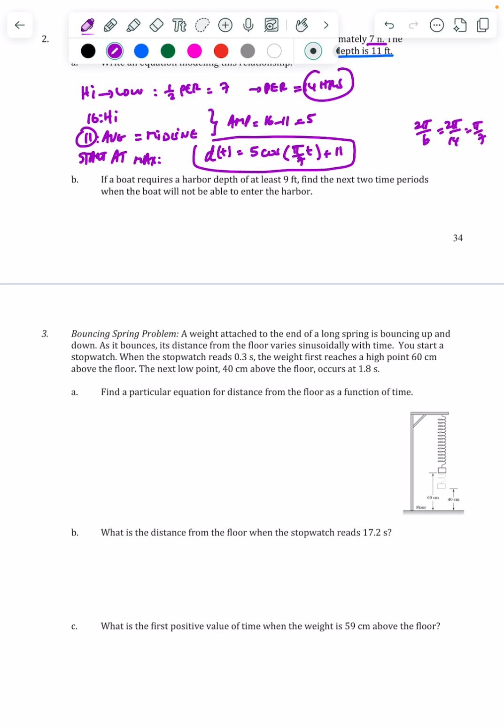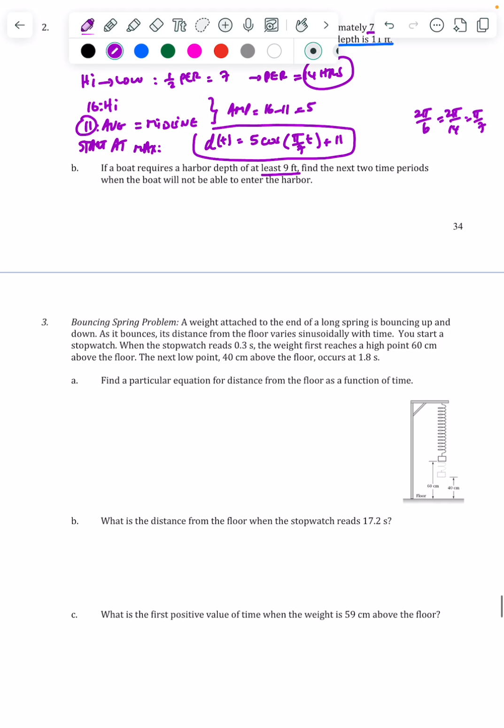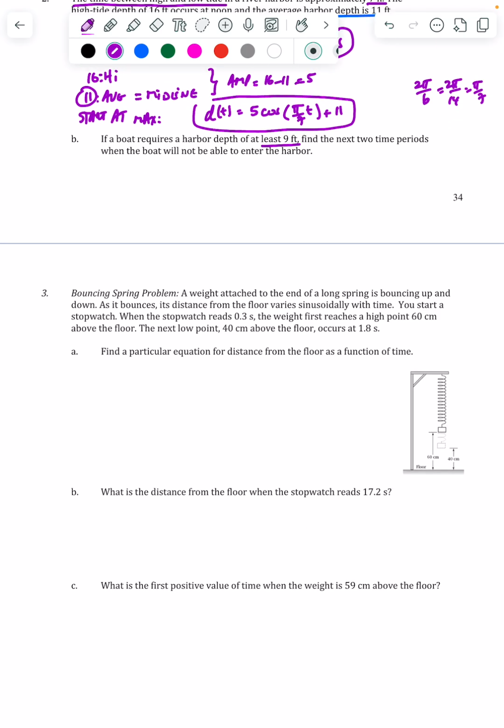Part B, if a boat requires a harbor depth of at least, that means greater or equal to. So D is the depth you want. I would like you to set this up, and try this on your own again.